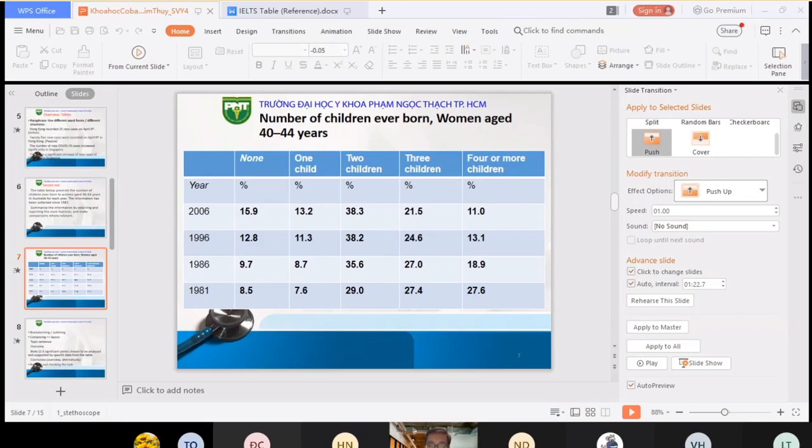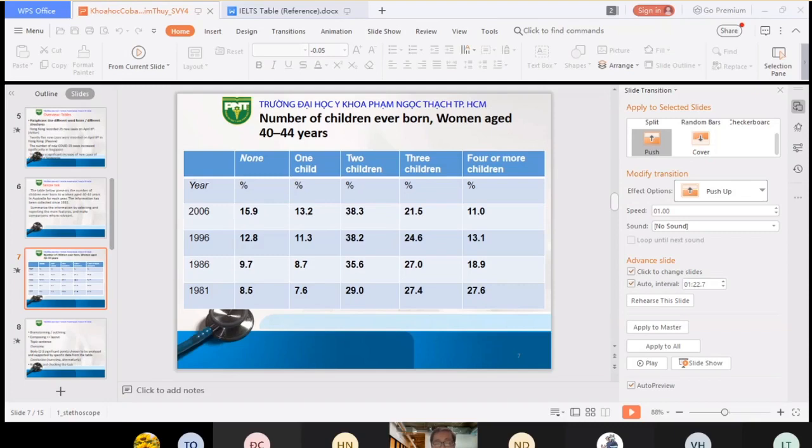Three children. Wow, the difference lies in the percentage of women who have three children at this stage. You see 27.4, but it goes down to 27. So you can use the adverb slightly to describe the decrease.